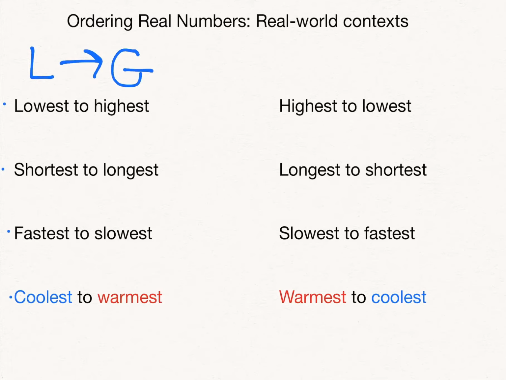On the right side are all of the opposite examples from greatest to least. That would be your highest to lowest, longest to shortest, slowest to fastest, and warmest to coolest.